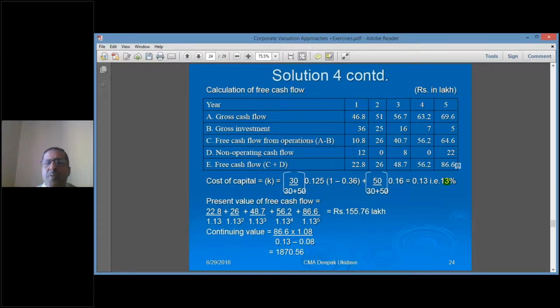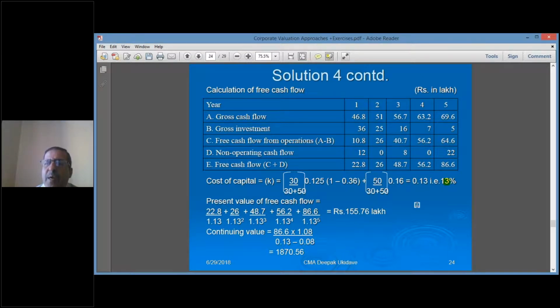And now these cash flows, free cash flows, are discounted to present value. So present value of FCF is 22.8 divided by 1.13. Why 1.13? Because 13% is the WACC. So we are discounting at WACC. So divided by 1 upon 1 plus R. R is rate of return. Weighted average cost of capital is called rate of return. All of you are aware. So 1 plus 13% is 1.13.